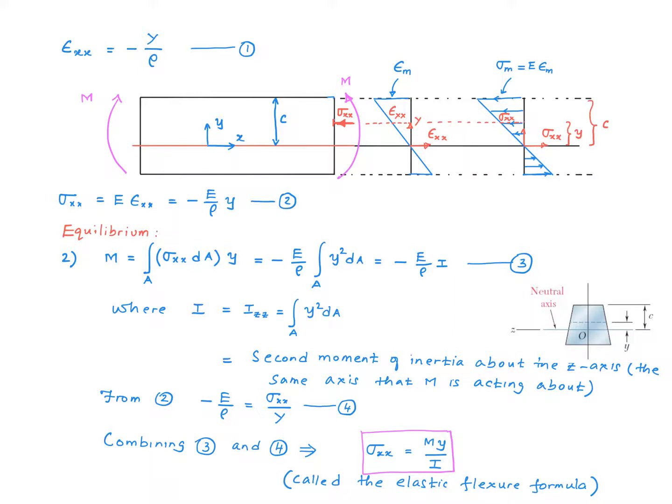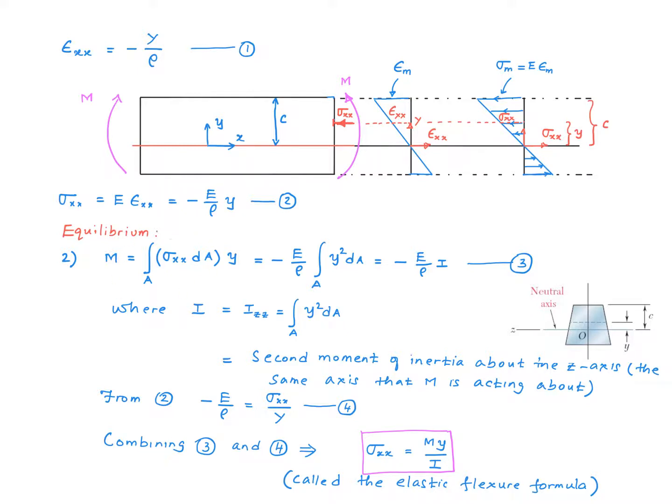So what do I need to do? I need to multiply that force by this distance, y. Okay, that's what I have done over here. Sigma xx times dA is my little differential force. Multiply that by y, I get the differential moment, right? And if I integrate that over the cross-sectional area A, what should that be equal to? That should be equal to M, the moment that is being applied externally on that cross-section.